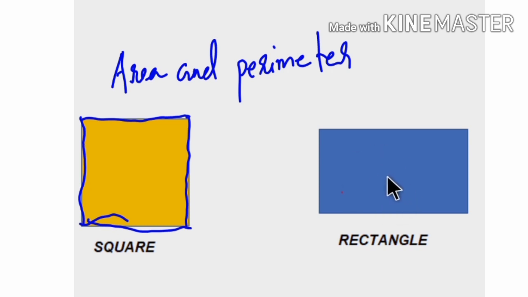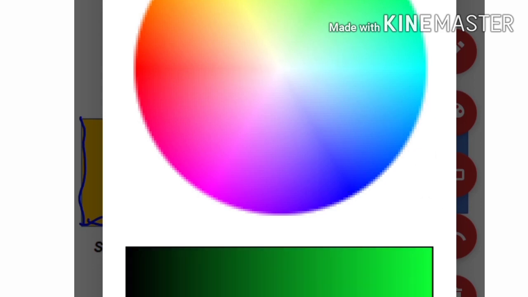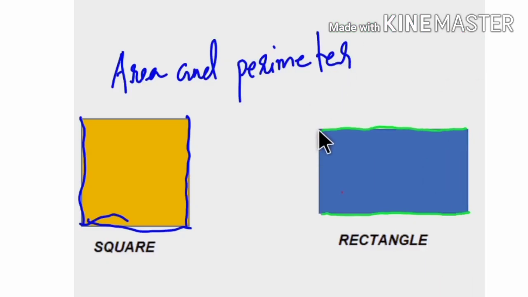In the case of rectangle also it has four sides, 1, 2, 3, 4. But there is a difference. In the case of rectangle, two sides are long and two sides are short.